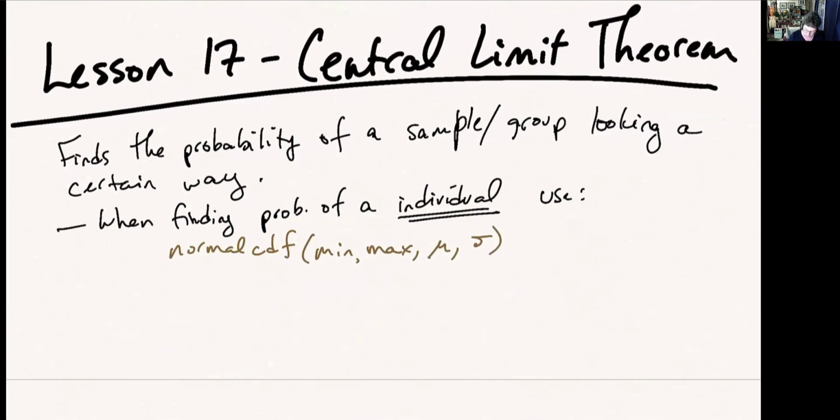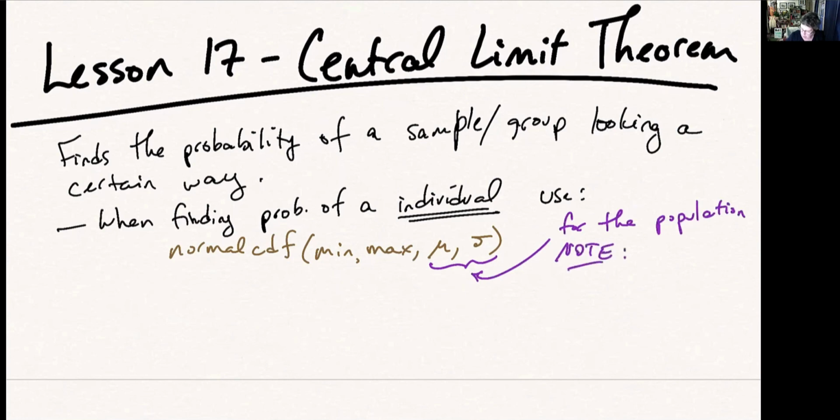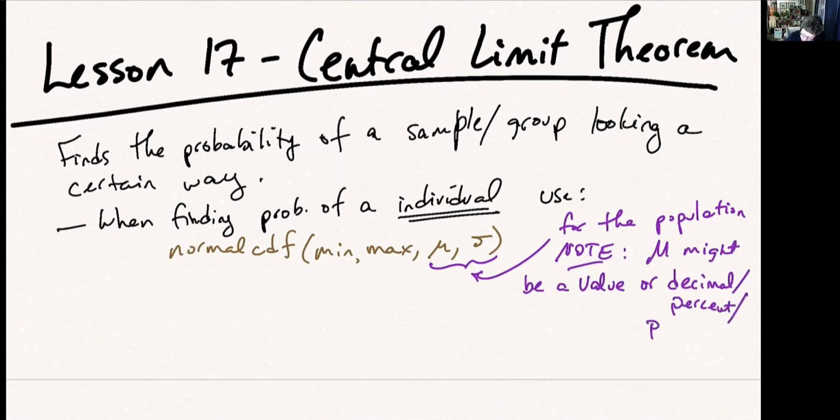The mean and the standard deviation are for the population, given to you and will always be given to you. Note the mean might be a decimal, a percent, or a proportion.